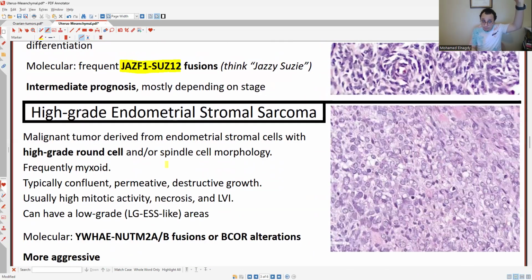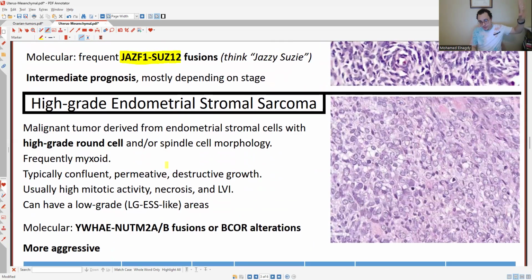However, if you go up to high-grade endometrial stromal sarcoma, that's the ugly-looking sarcoma cells, you see this. You see how hypercellular the lesion is and how pleomorphic the nuclei are. See the difference between this nucleus and this nucleus and that nucleus. That's very pleomorphic, very ugly looking, high-grade sarcoma, CD10 ERPR negative and cyclin D1 positive.